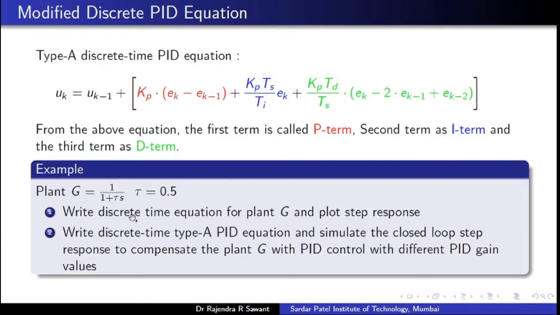Now we take an example. Here plant G is written as 1 upon 1 plus tau s, where tau may be taken as 0.5. We can write a discrete time equation for the plant G and plot the step response, and we can also write a discrete time PID equation and simulate the closed loop step response of the system.